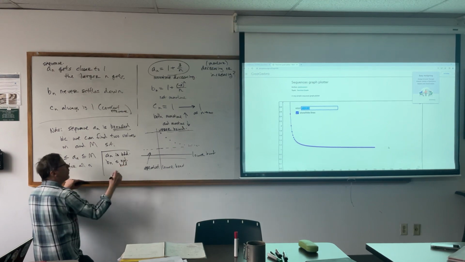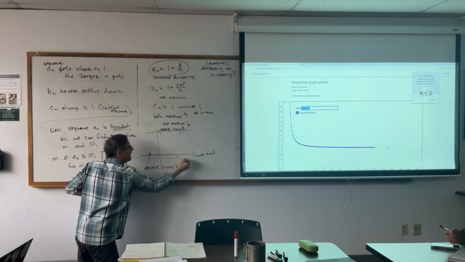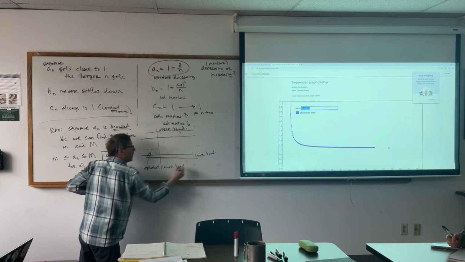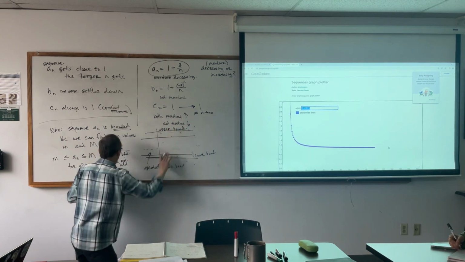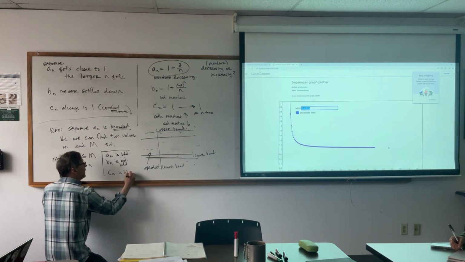No matter what, b sub n's crazy. No matter what you claim is the lower and upper bound, eventually you will exceed those. You just got to pick n large enough. b sub n is not bounded, c sub n is bounded.